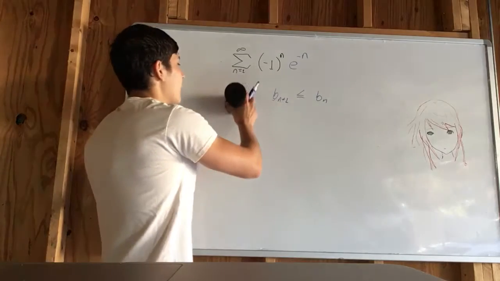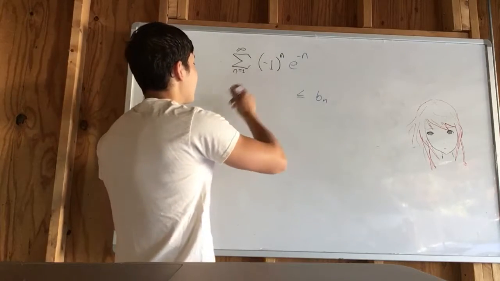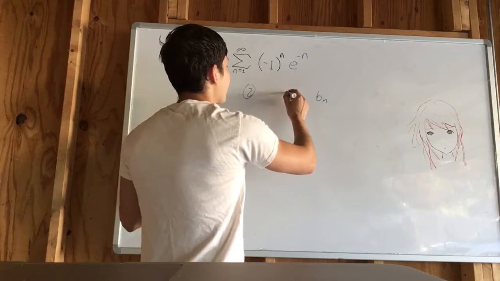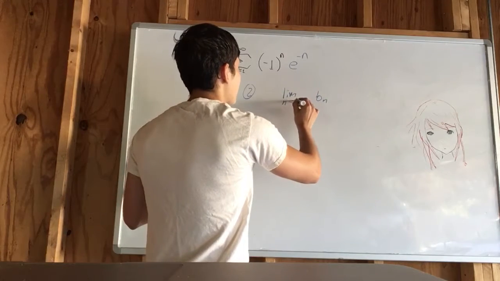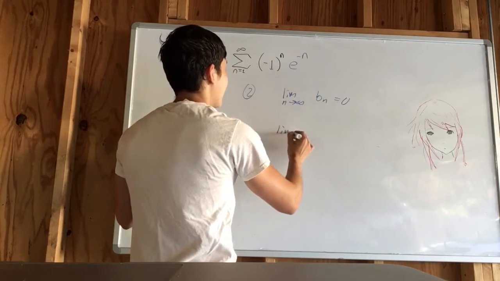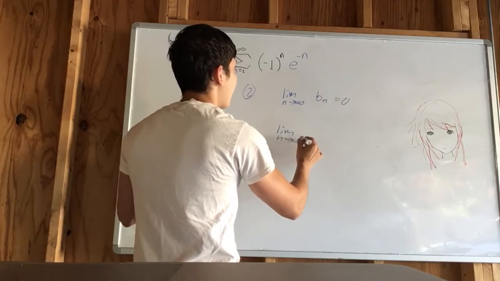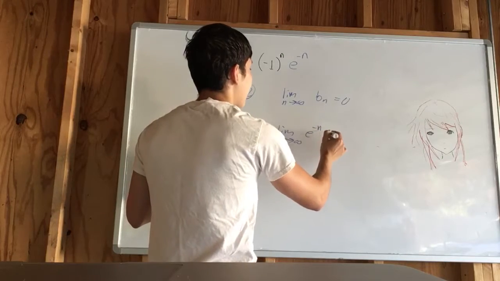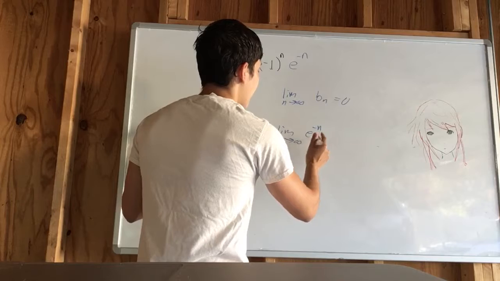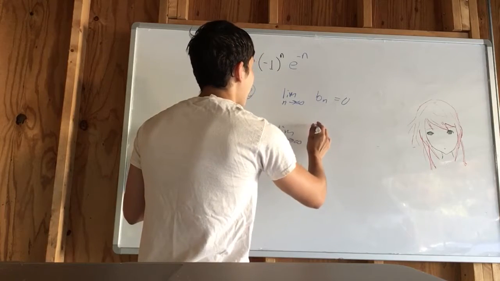The second round was if the limit as n approaches infinity of this equals 0. So let's take the limit as n approaches infinity of e to the negative n. That means we plug in infinity into that. And remember, this is the same thing as this.